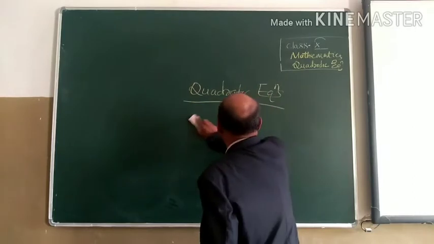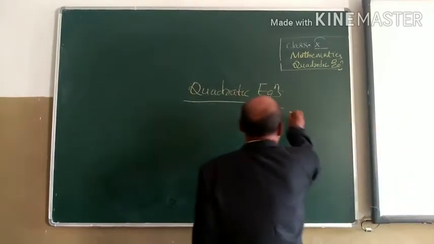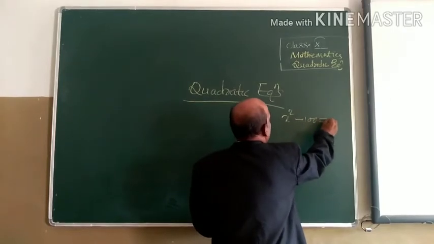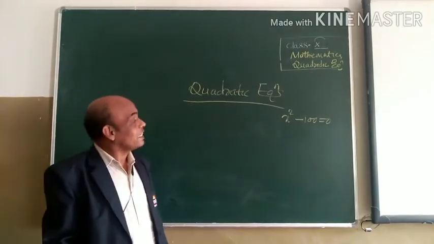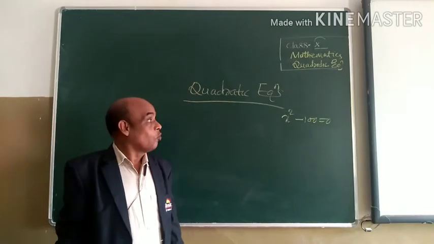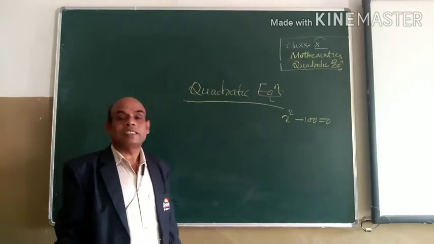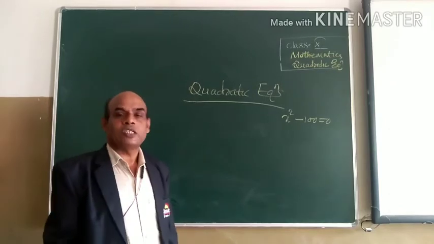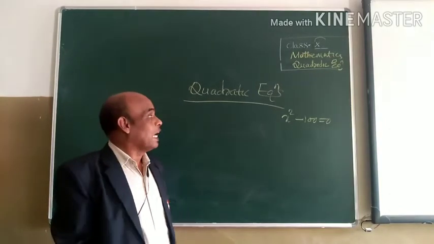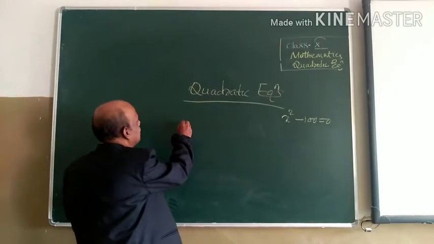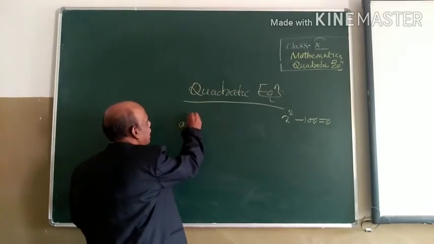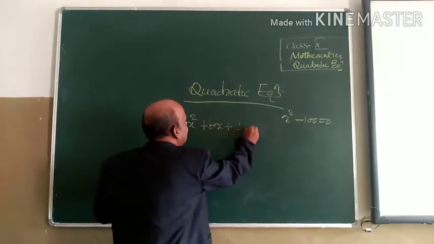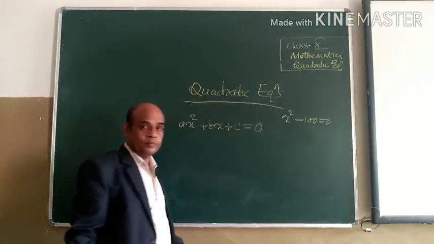So I will write, suppose x square minus 100 is equal to 0. We can say that is a quadratic equation. Why? Because x power is 2. So the general form, the standard form to write a quadratic equation is ax square plus bx plus c is equal to 0.